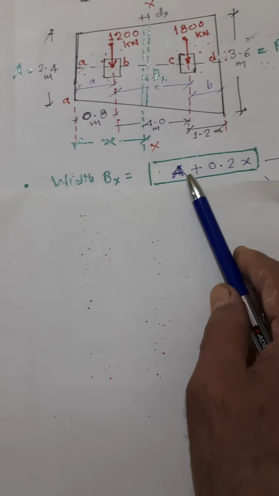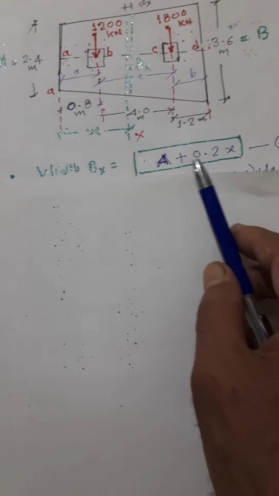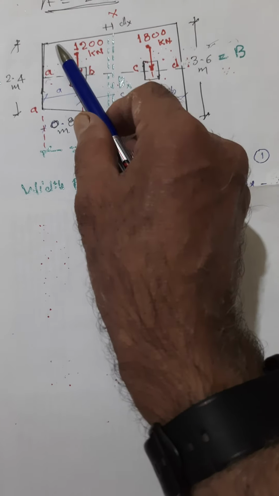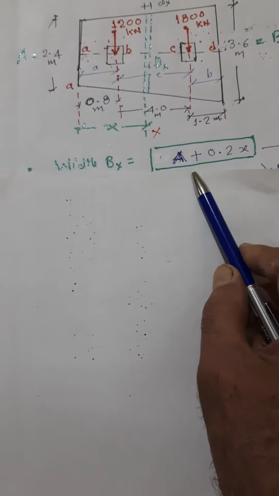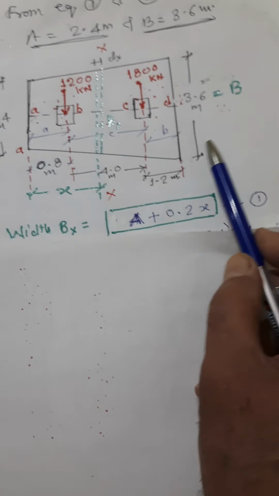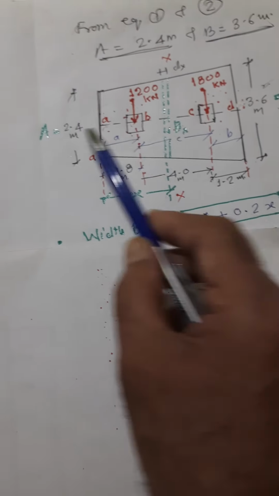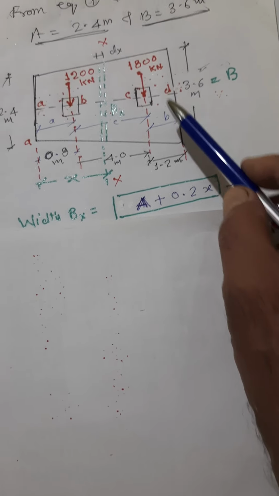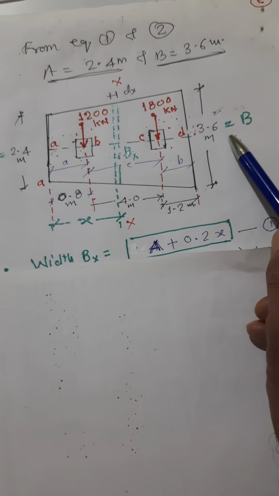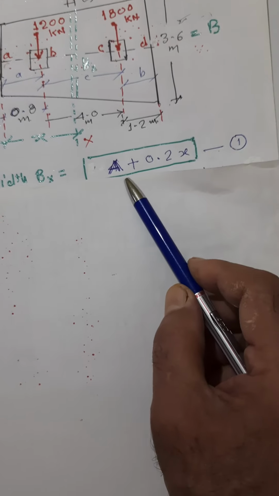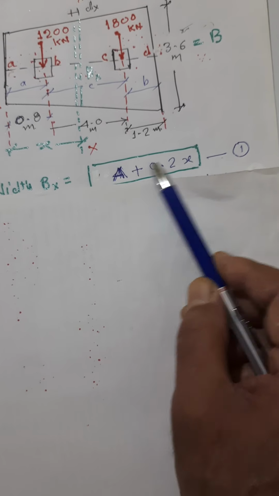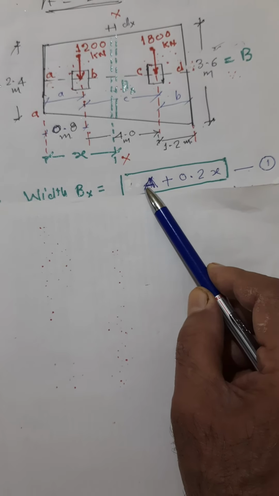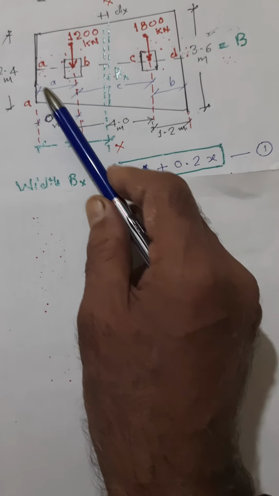Just for example, whether this is right or wrong, let us check it. If I put x equal to 0, you must get 2.4. This is A and this is B. We have seen already A is 2.4 and B is 3.6. Let us substitute the values. First put x equal to 0 and A equal to 2.4. Yes, it is true, that is what is given.